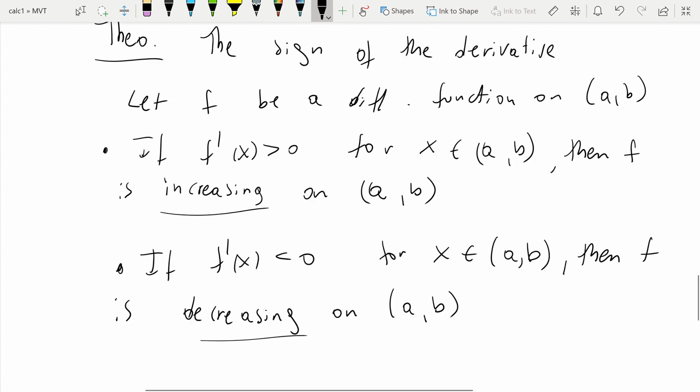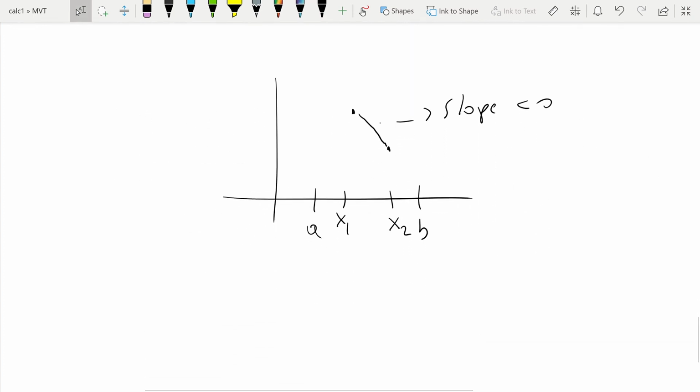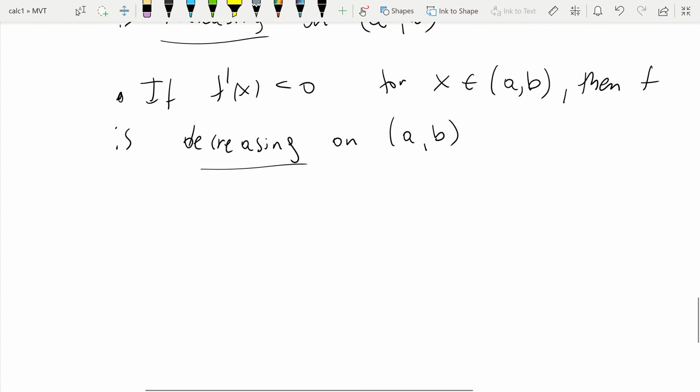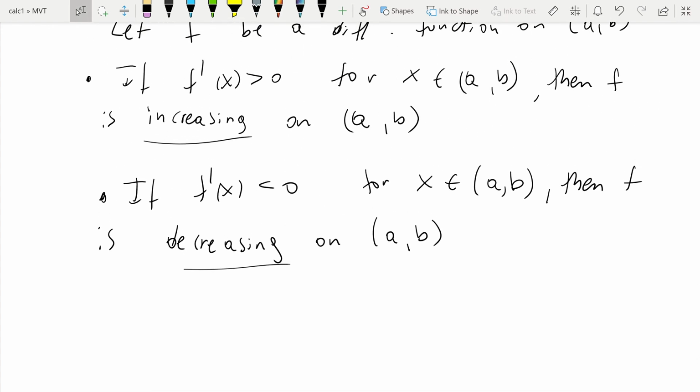Since it's positive, this cannot happen. So this can never be the case. So whenever you have a function whose derivative is positive inside an interval or negative inside that interval, the function is either increasing in the case of a positive derivative or decreasing in the case of a negative derivative.